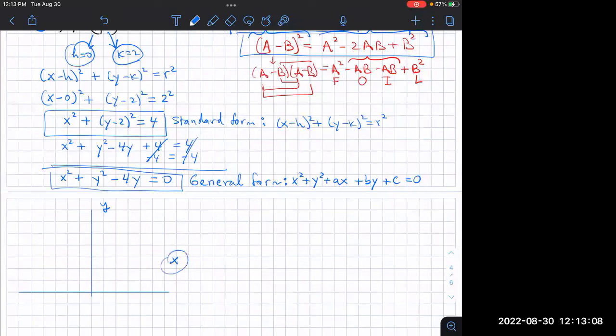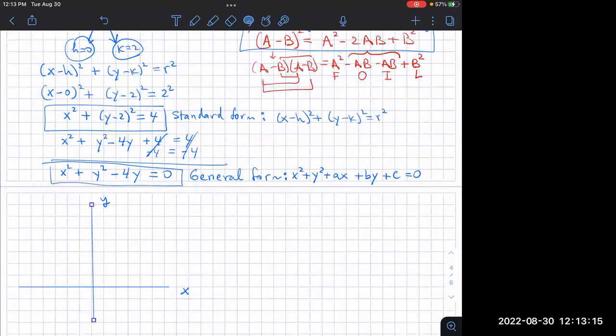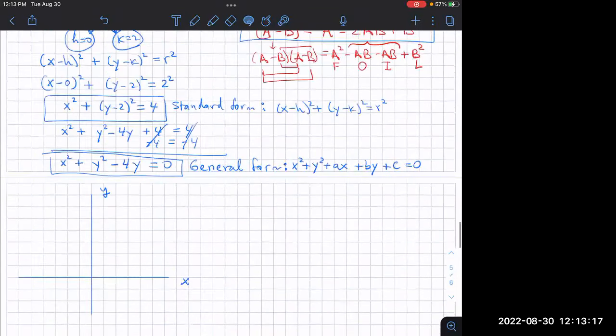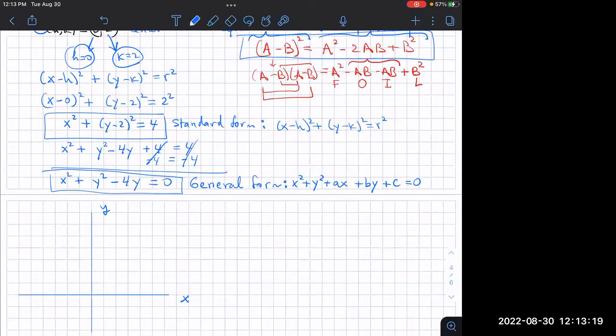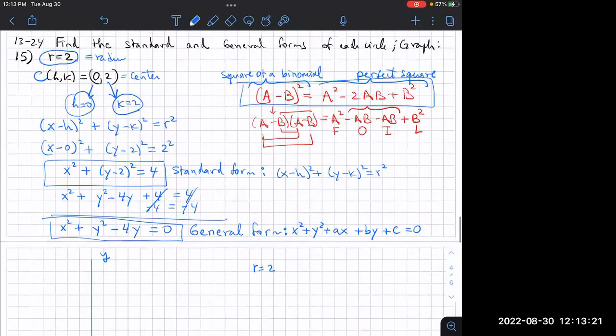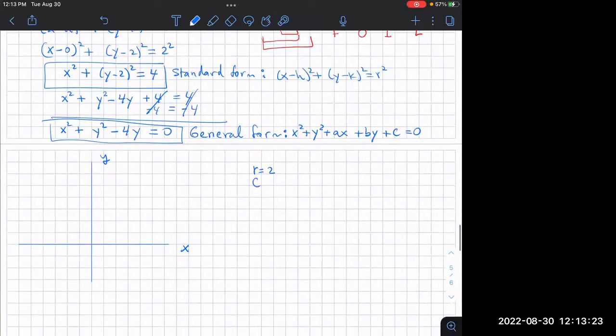So we move the x axis just a little. Okay, so let me write down here, the radius was 2 and the center is 0, 2. So that's my center. From there, I go 2 units up and down and draw my circle.